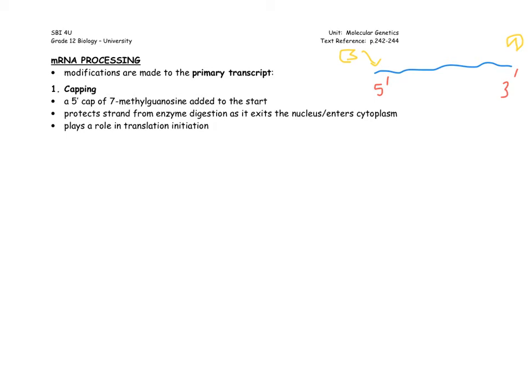So a few processing things happen. The first is what is referred to as capping. At the 5' end, what you're going to see is a cap of what's called 7-methylguanosine. Okay, and I'm just going to draw it in. It's like a cap. And so instead of our Pac-Man digesting our actual mRNA strand, it's going to maybe potentially digest that cap.